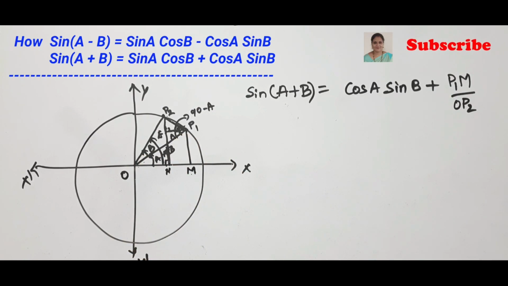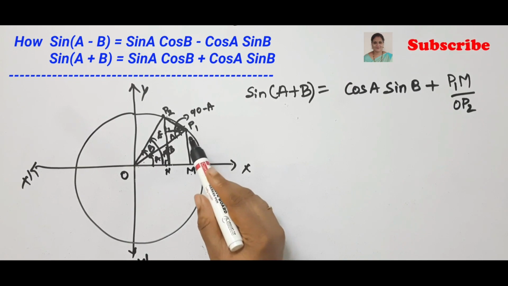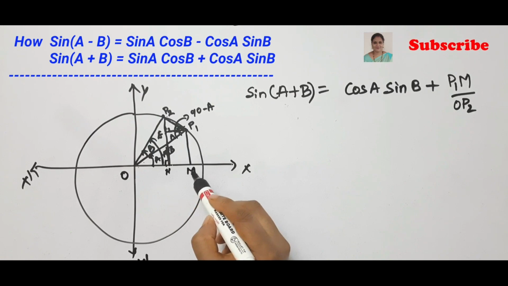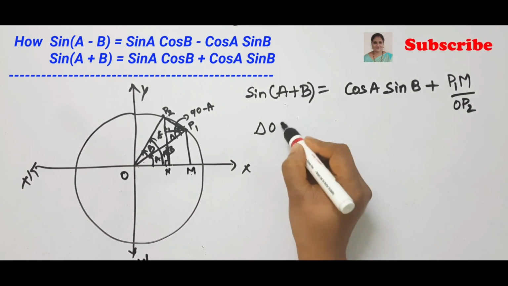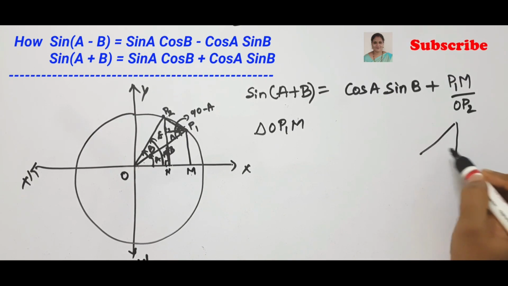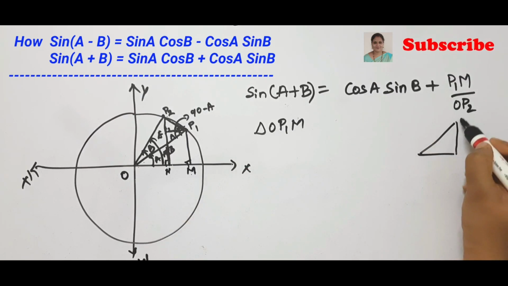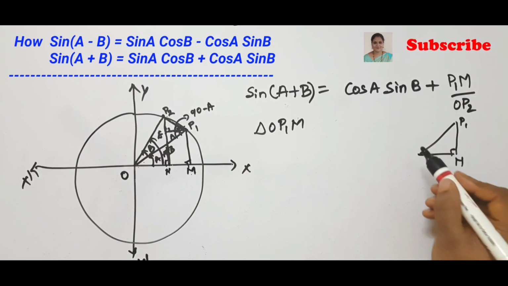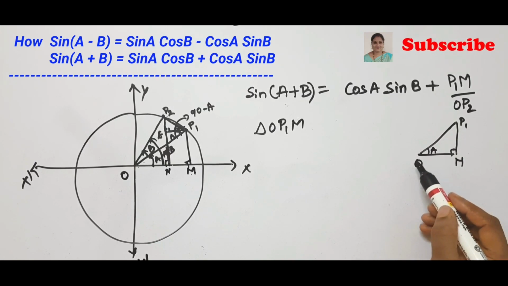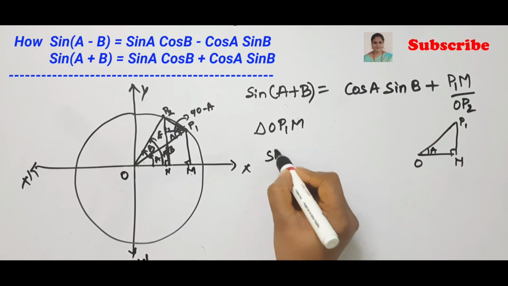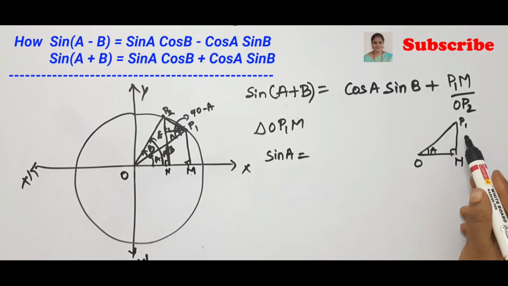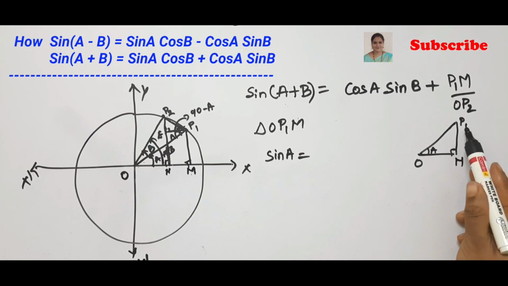P1M is in this triangle, is it not? So let us first use this triangle OP1M. Let us draw the rough diagram of the triangle. This is 90, this is P1M, this is angle A, and here it is O. So let us calculate sin A. If we calculate sin A, we will get a relation between P1 and the other side.